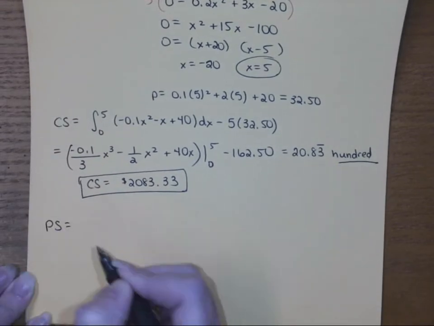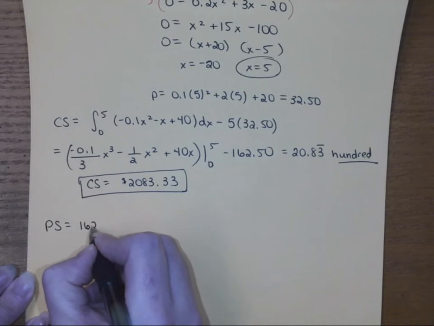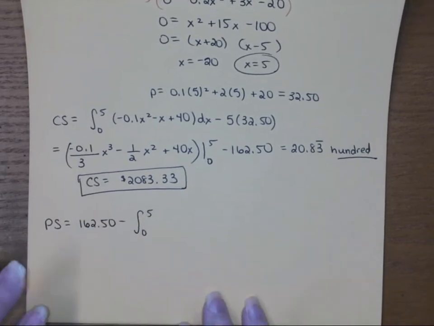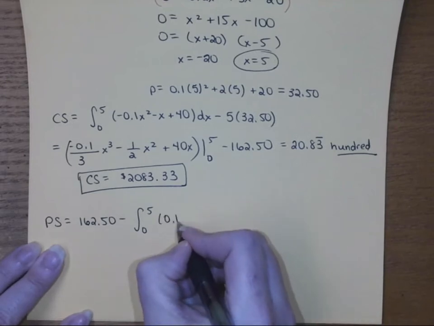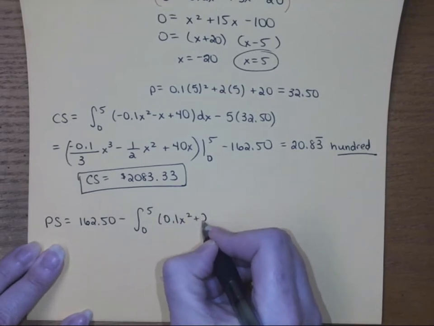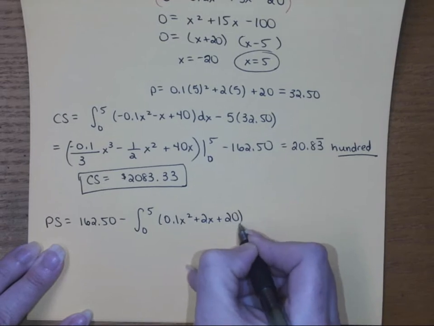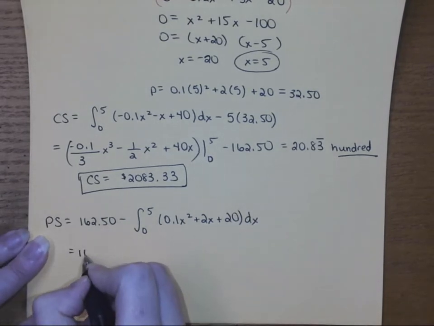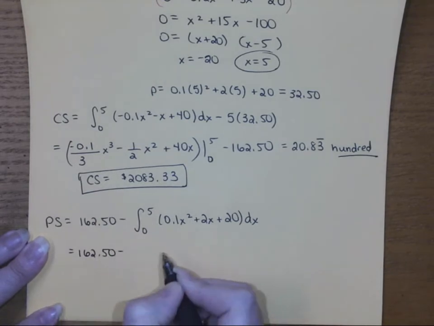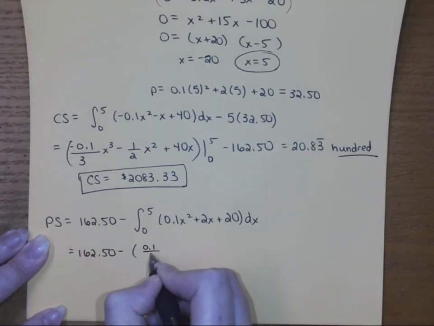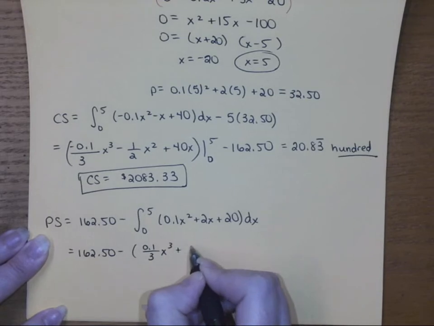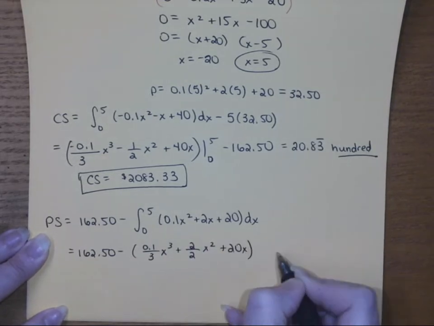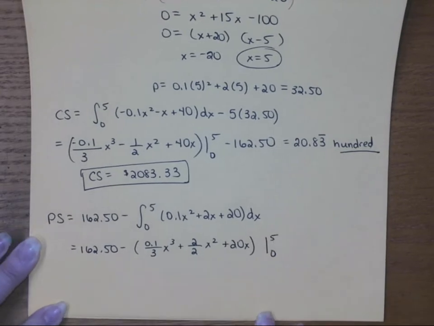So when you transition to producer surplus, remember that the 162.50 goes in the front. You still go from 0 to 5, but you switch equations. You switch it to the supply equation. So this is going to be 162.50 minus 0.1 over 3x cubed plus 2 over 2x squared plus 20x, evaluated from 0 to 5.